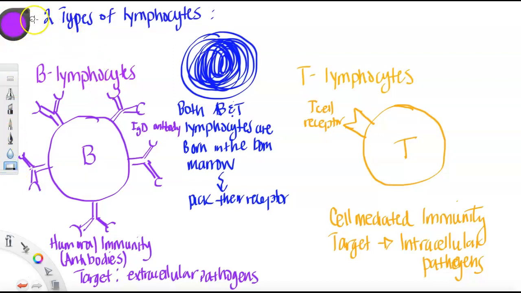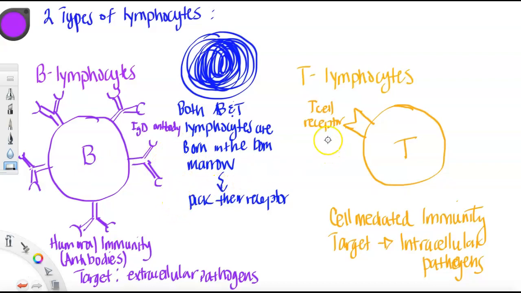Okay, so when they're born, they're naive. Okay, so when they're born and they're matured, they become naive lymphocytes. So naive B cells and naive T cells. Well, once they're born, B cells stay in the bone marrow to mature. Okay, so B cell, bone marrow.